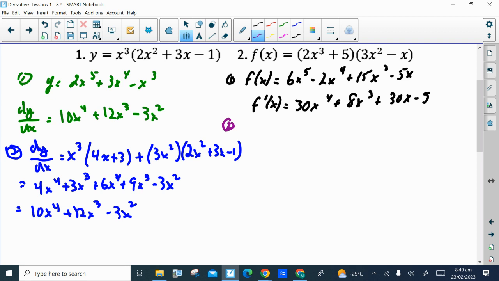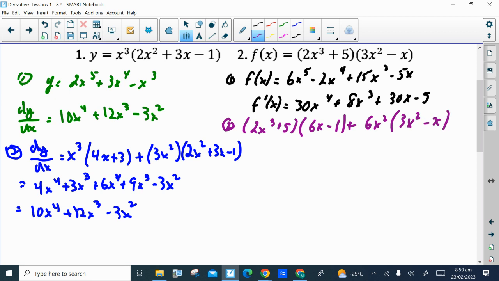So the first factor times the derivative of the second, which will be 6x minus 1, plus the derivative of the first factor, which would be 6x squared, times the second factor.